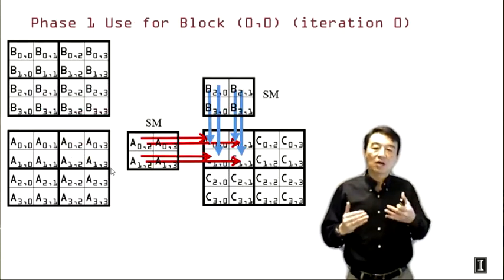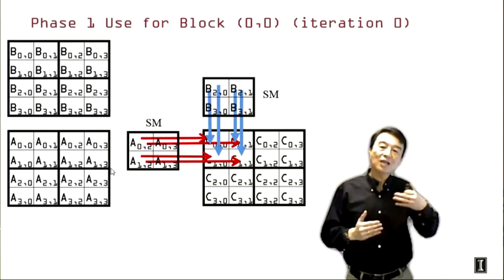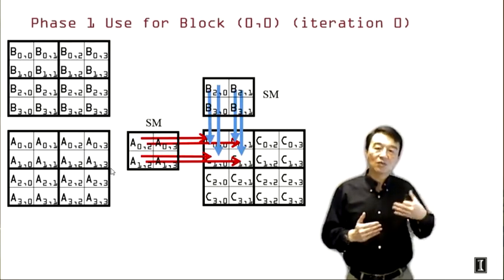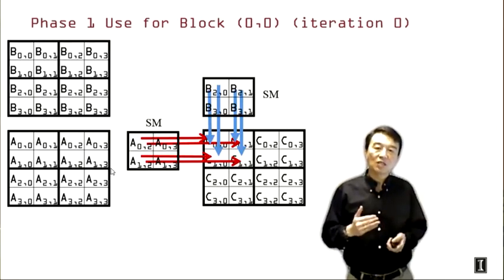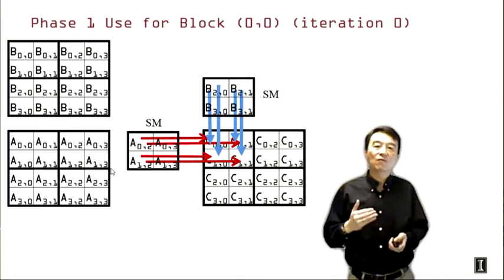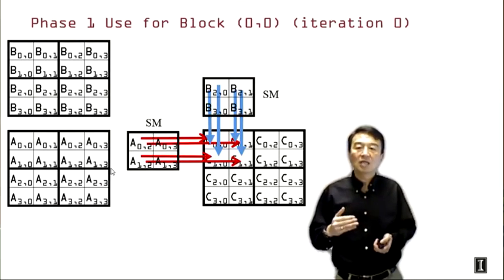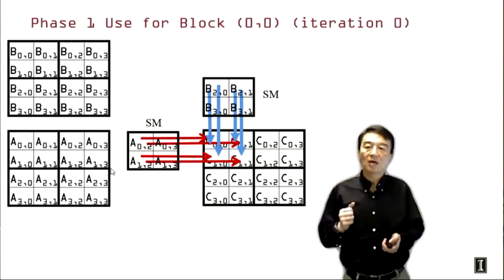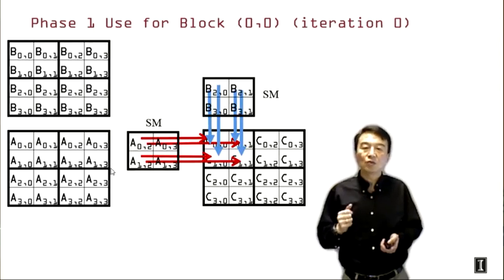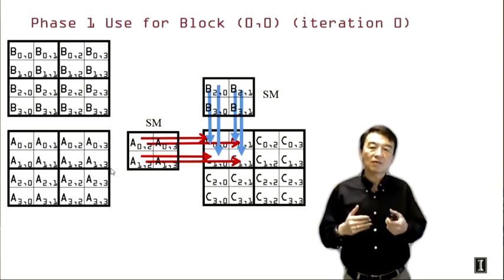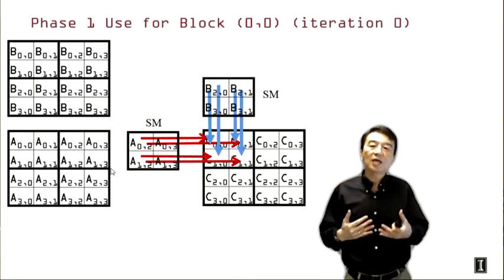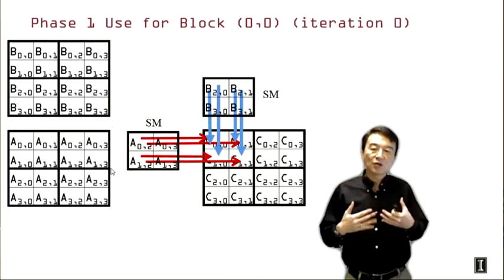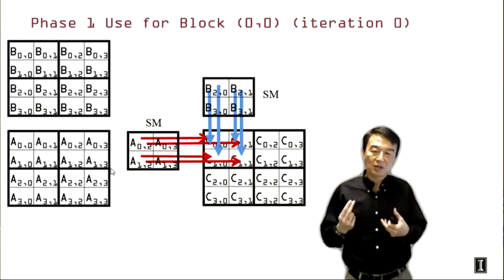So now all the threads will be doing the second phase of the inner product calculation, and iteration 0 of the for loop will be consuming A02 and A12 and B20 and then B21 for all the threads. As you can see, each element is going to be used by 2 threads, so they're used 2 times.